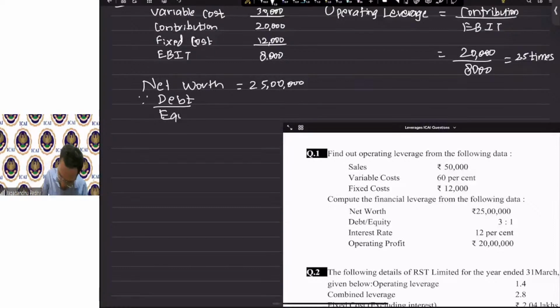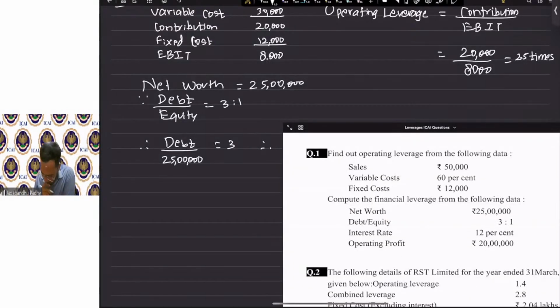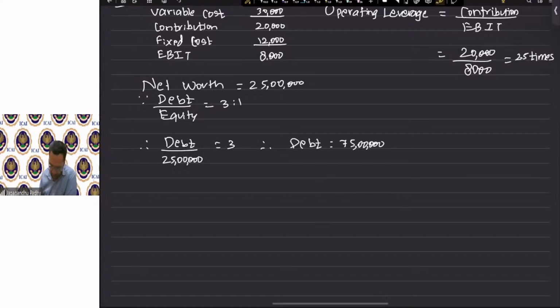Since debt upon equity is 3:1, therefore, debt upon 25 lakhs is 3. Therefore, debt will be 75 lakh. And on the debt of 75 lakh, you have 12% as the interest rate.